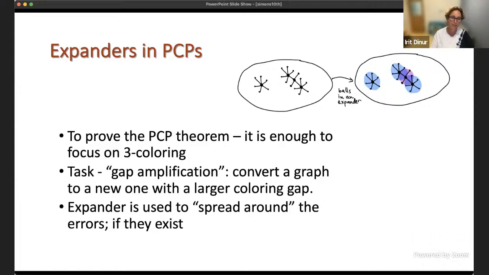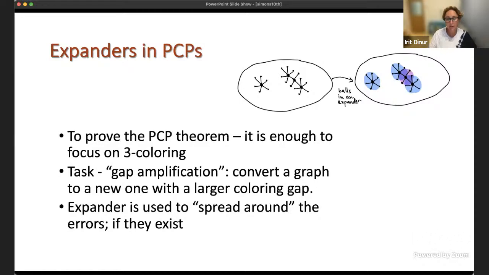I can define something called a gap. In one case, the graph is completely three colorable. In the other case, no matter how you color the vertices, there is some fraction of edges that are going to be monochromatic. They are not happy with this coloring.